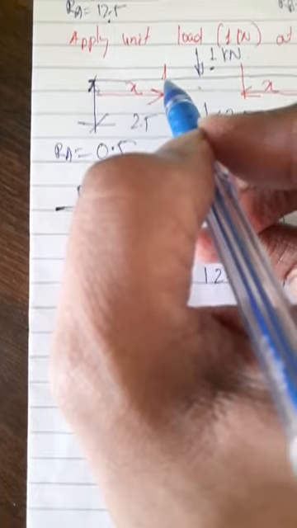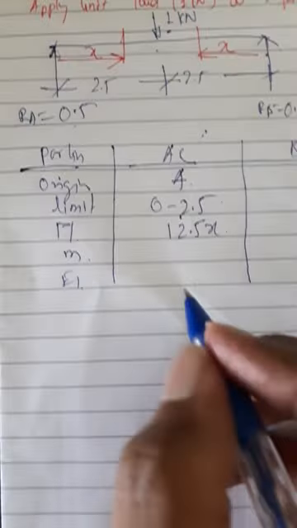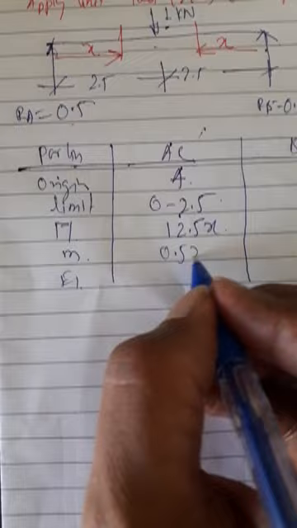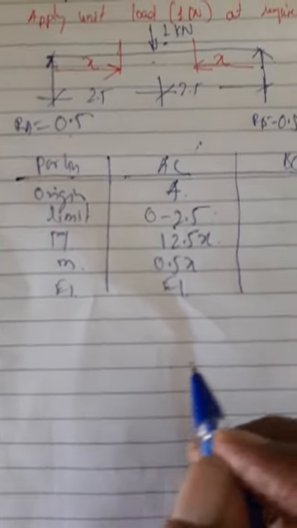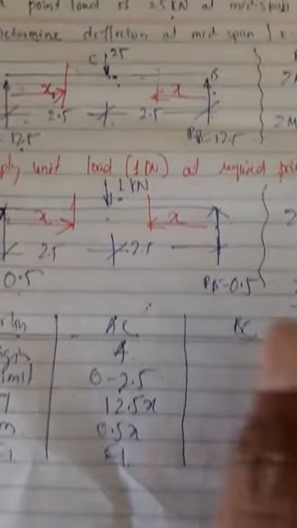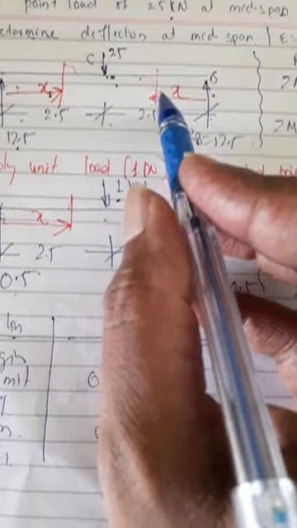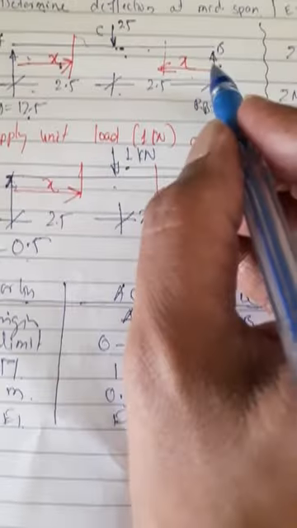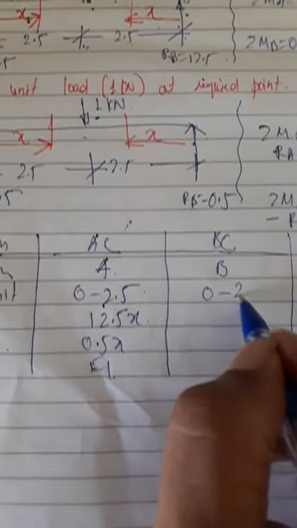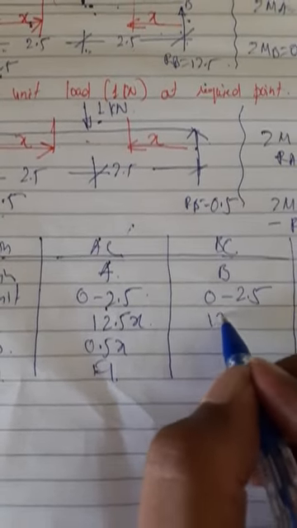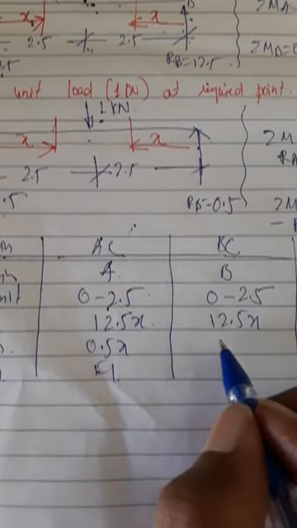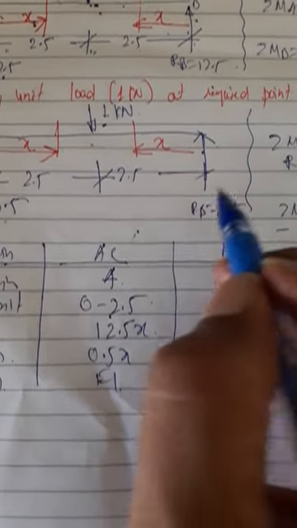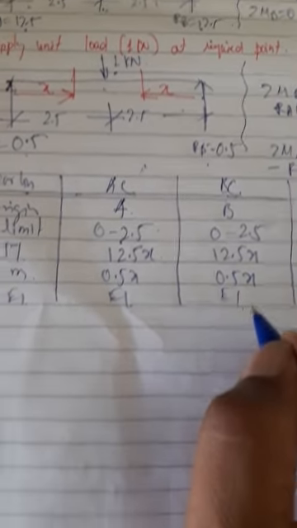For small m, it is 0.5 into X. EI is the same, keep as it is. Now for portion BC, the bending moment at this point is 12.5 into X. Origin is B, limits 0 to 2.5. Capital M is 12.5X, small m is 0.5X. EI keep as it is.